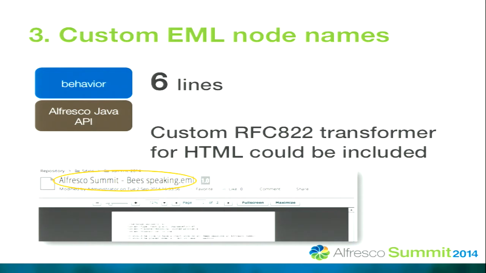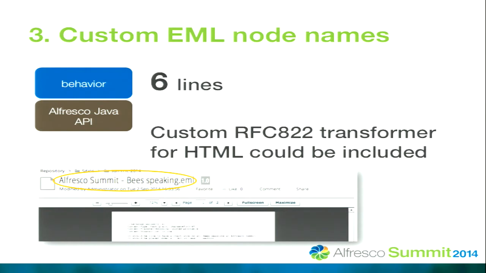We are using a new behavior, and we're using the Alfresco Java API. And you can even use the default Alfresco transformer for HTML, because in the preview, we can see the raw email.